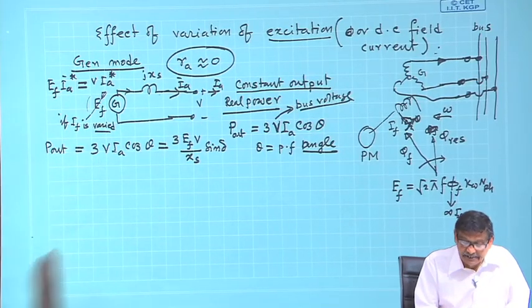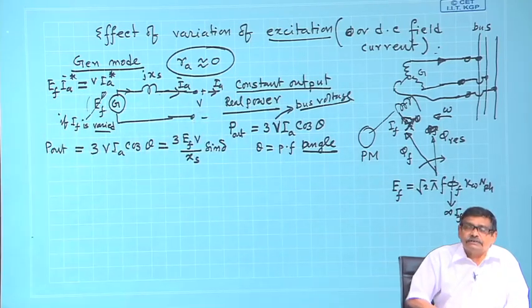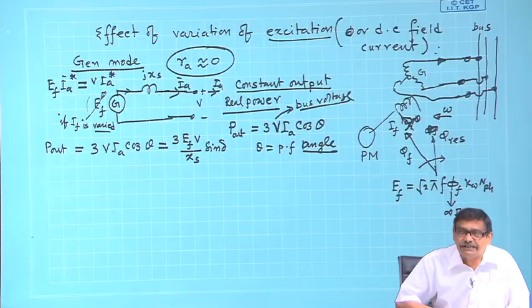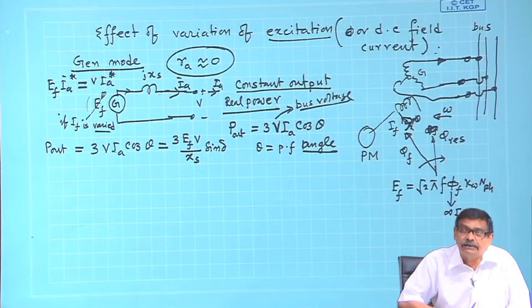But what I am saying is this, by doing this you cannot change the magnitude of V, terminal voltage is fixed. So, something else then has to change. We are trying to investigate what that is, how things will now look.